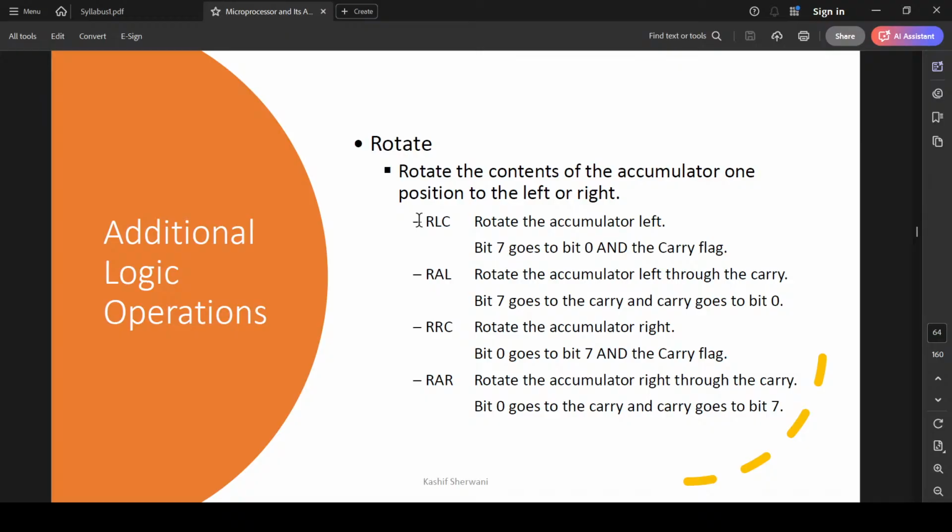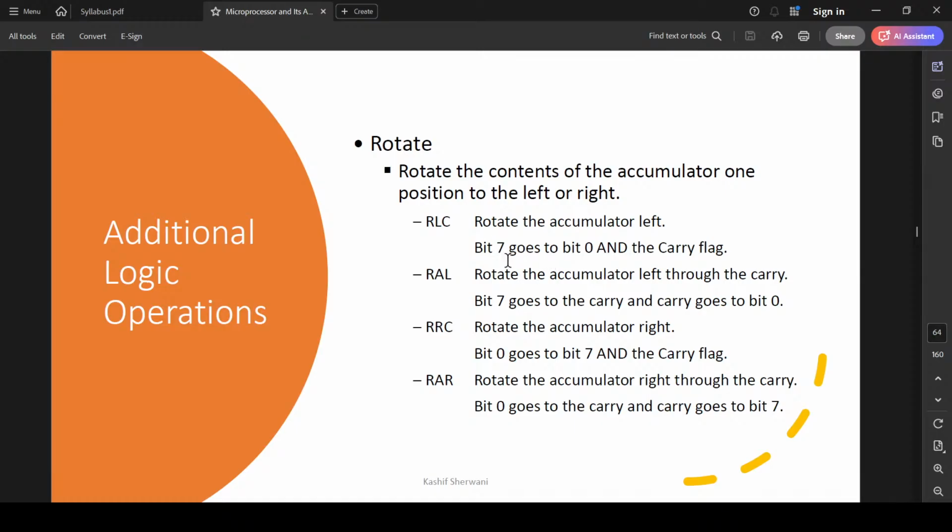Now, if you type RLC, bit 7 goes to bit 0 and the carry flag. So bit 7 was here, it will go to bit 0. So the 0 will go to the last, and it will become 1010 1010. RAL: rotate left through the carry.